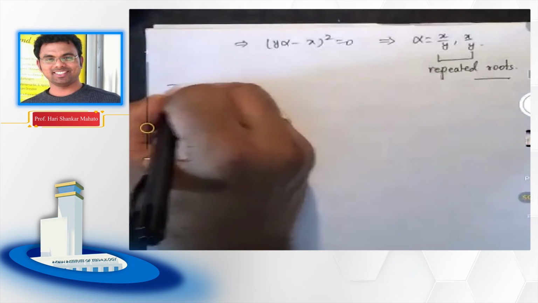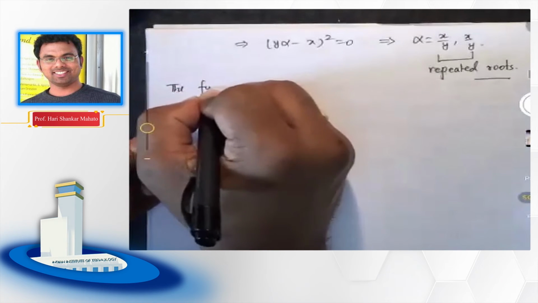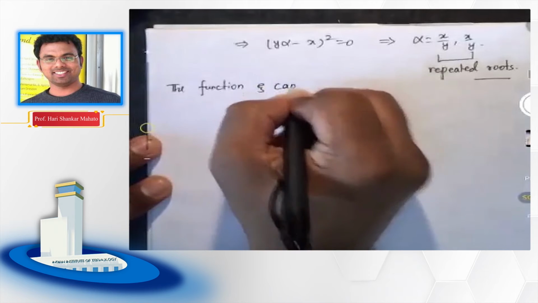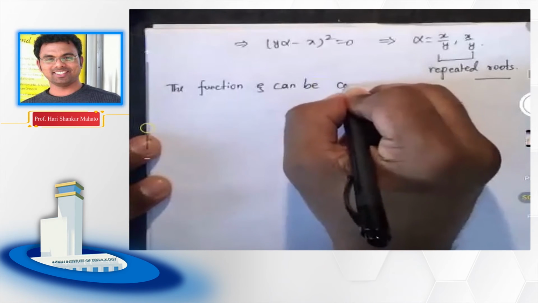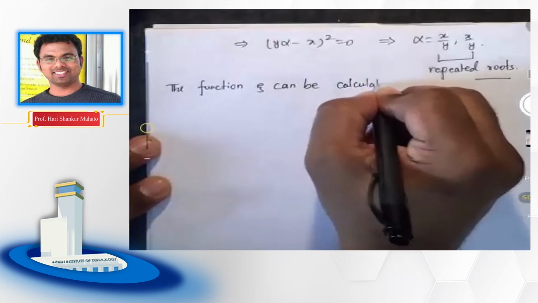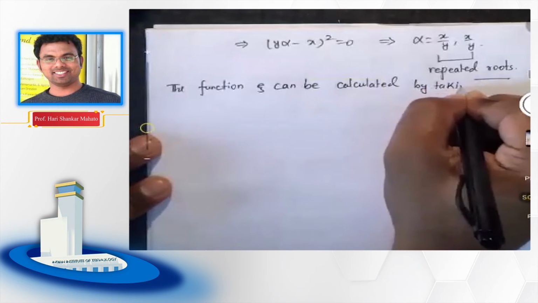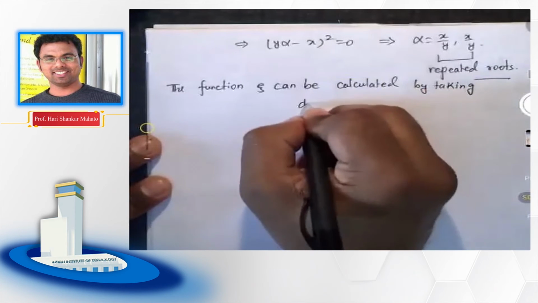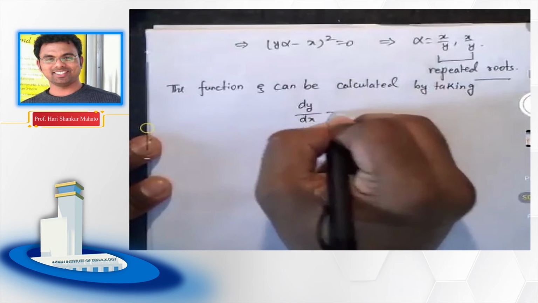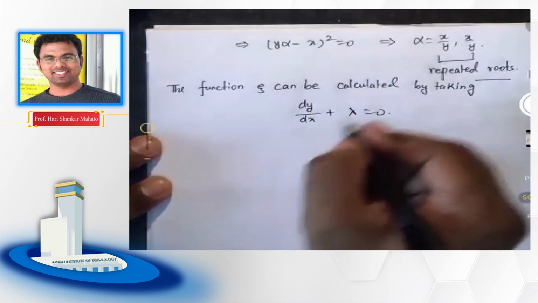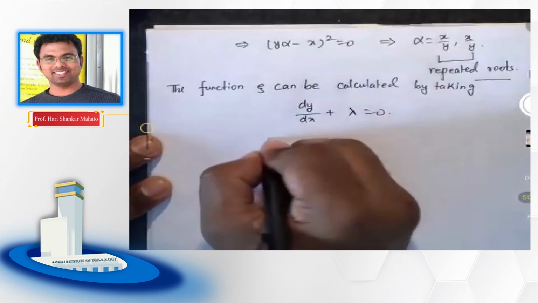So the function xi can be calculated by taking dy dx plus lambda of xy equals 0. Lambda of xy is x by y.